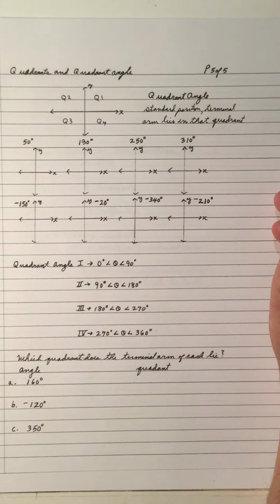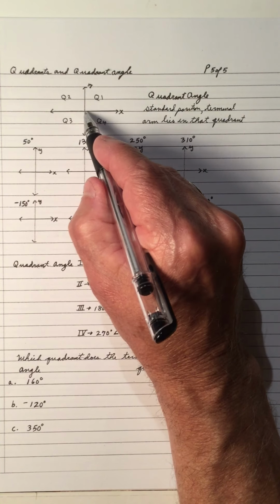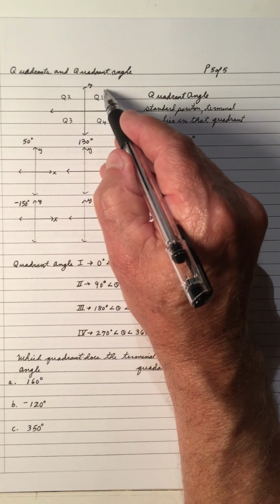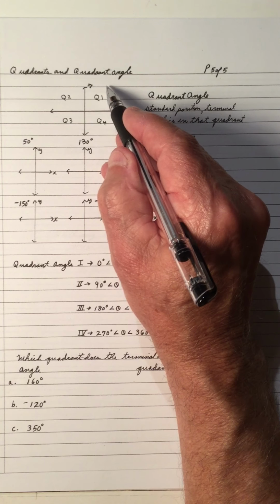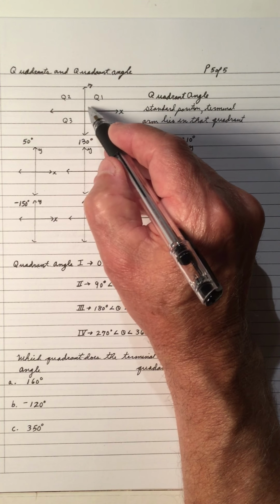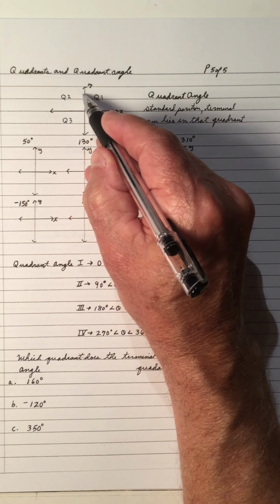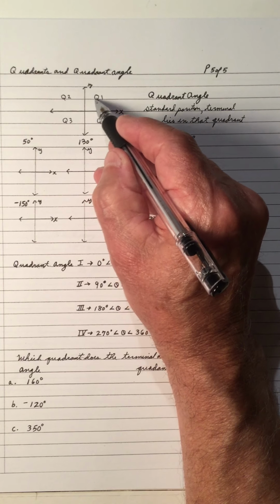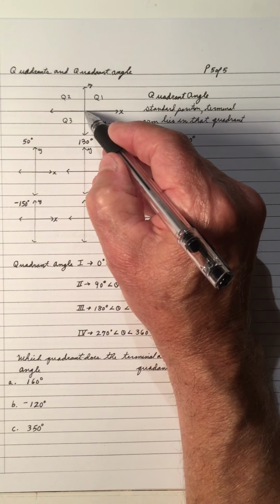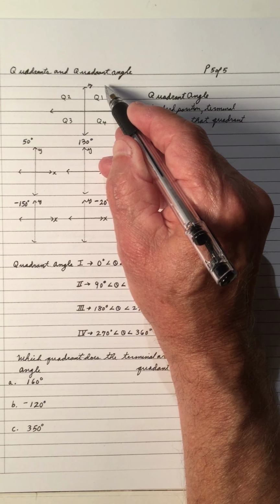So what I'm saying is that if you have a quadrant 1 angle, then the initial arm, when it rotates, is in quadrant 1. Now, you can have a positive rotation to end up here, or you can start here and end up like that, as long as the terminal arm ends up in this quadrant. Positive rotation or negative rotation. If the terminal arm ends up in quadrant 1, it's a quadrant 1 angle, no matter how much the rotation is.